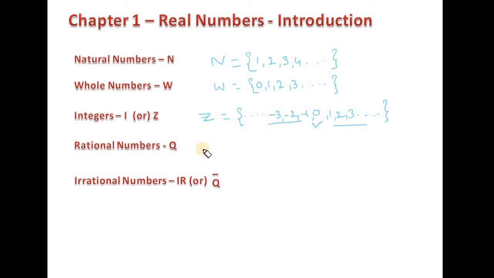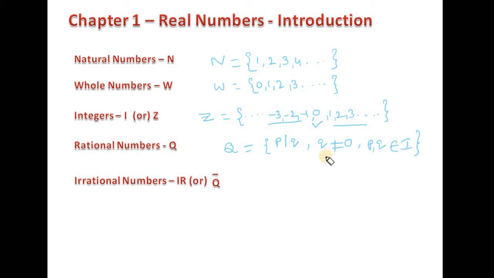Similarly, if you talk about rational numbers, you already know the definition from your previous classes. A rational number is one which you write in the form P by Q, where Q is not equal to 0 and P, Q belong to integers. It means they should belong to the integer set. So if you know these definitions, you may already understand why Q is not equal to 0.